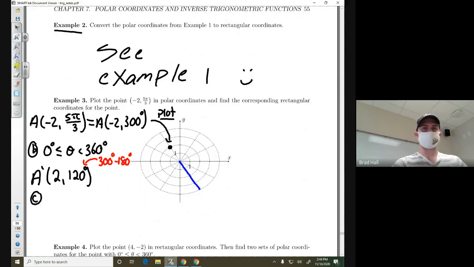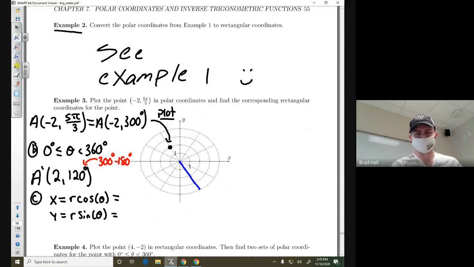And then C says convert to rectangular coordinates. Hopefully you remember the formulas from above. I'll just rewrite them just in case. Again, those formulas are going to be available in the test. So I'm pretty open about formulas. I don't really care. So hopefully you remember what cosine and sine of 120 are, or know how to figure it out, because you don't have to derive it. Cosine of 120, you get -1/2.